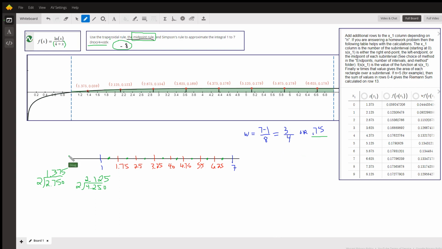Now here I've indicated along the x-axis the intervals that will be created. So if we start at the left-hand endpoint and move one of these widths, 0.75 to the right, we'll be at 1.75, and then I keep adding 0.75, and I should get out here to the 7 at the end.